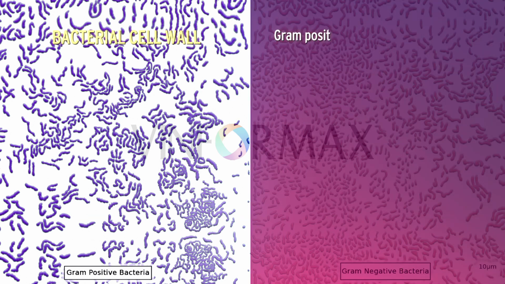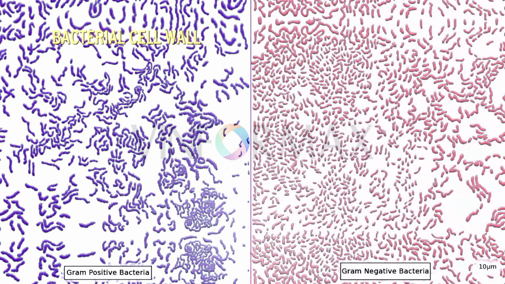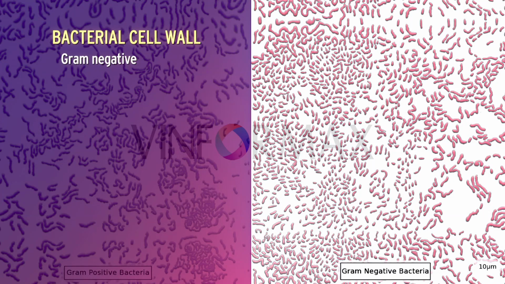Gram-positive. When observed under the microscope, gram-positive bacteria retain the primary dye in gram stain and appear blue. Gram-negative. Gram-negative bacteria do not retain the primary dye in gram stain and hence appear pink under the microscope.